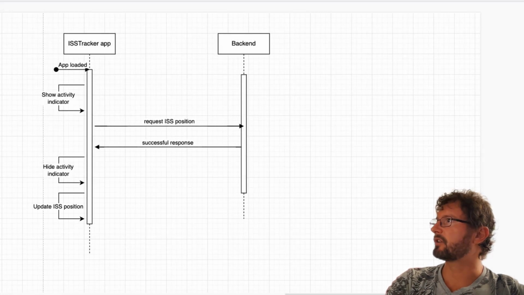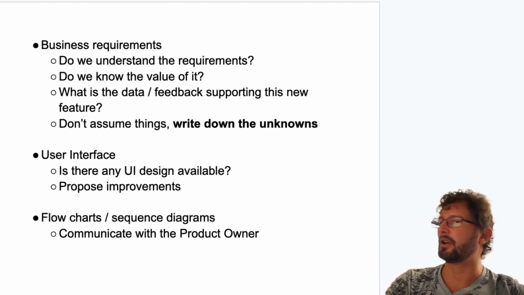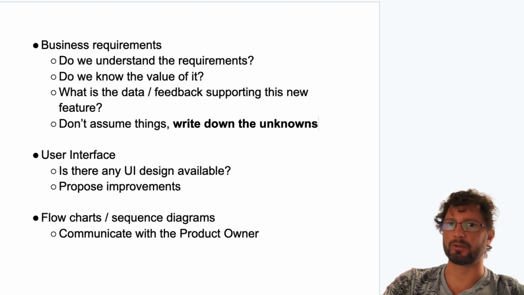All of these are great tools to again communicate with the product owner, write down whatever is not known, understand the business requirements, understand the value of why we are doing this, and try to avoid as many assumptions as possible.